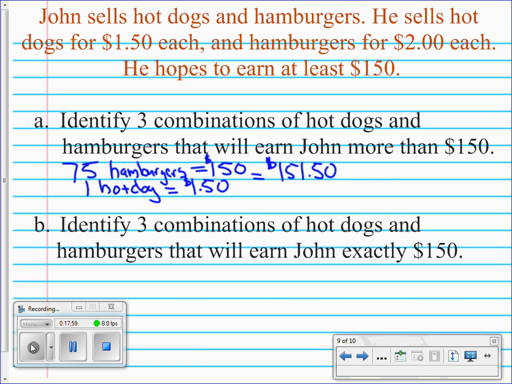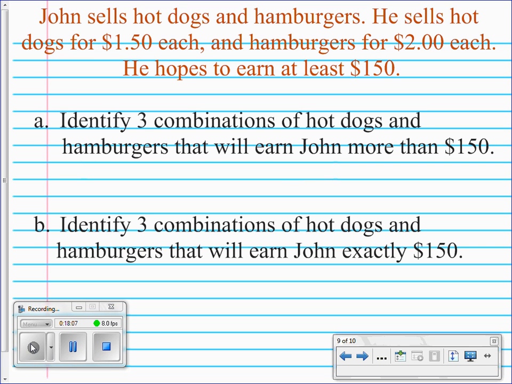A third option, if I think about just the hot dogs, if I said he sold 20 hot dogs, 20 times $1.50 gets him $30. So now I need to figure out how many hamburgers to sell to get me more than 150.